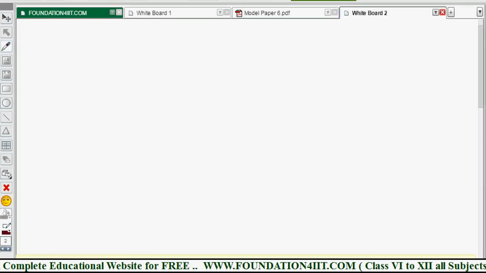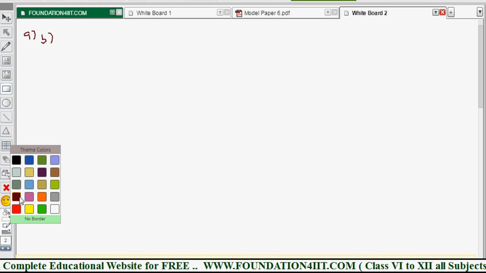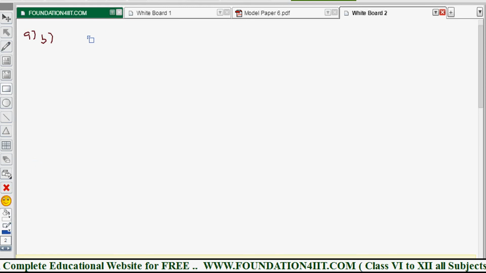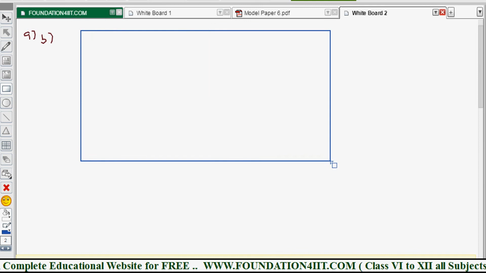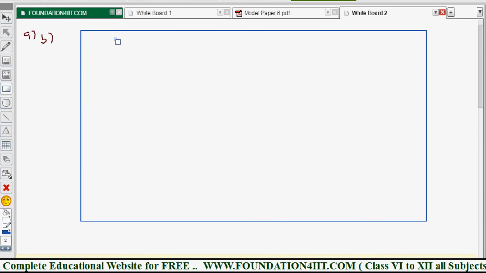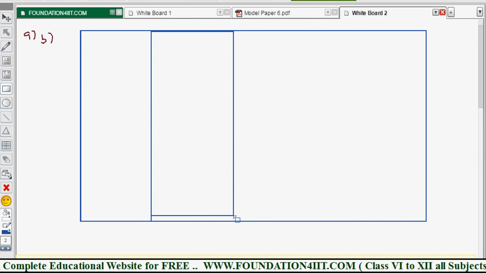So let me take the table. Two columns are given: weekly wages and number of employees. We need to prepare two more columns for this: cumulative frequency and points.